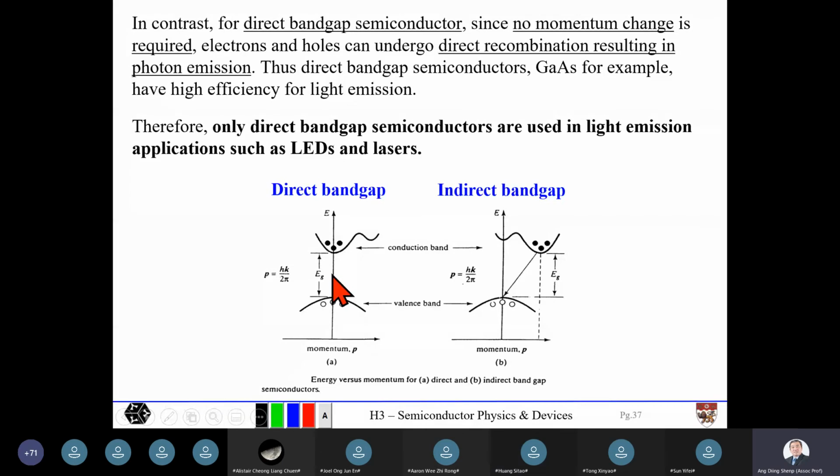Yeah. I would say the chance is almost zero because at the end of the day, you must understand that the band structure is created by the periodicity, the very regular arrangement of atoms in the crystal. So if you have something abnormal happening at a particular position, such as a missing atom which creates the defect, then the chance of the E-K relationship at that particular location being the same as the rest of the crystal is very low, right?